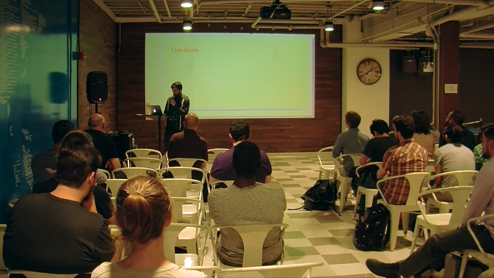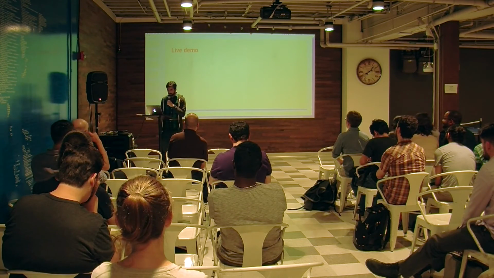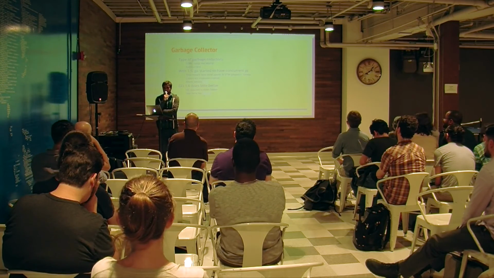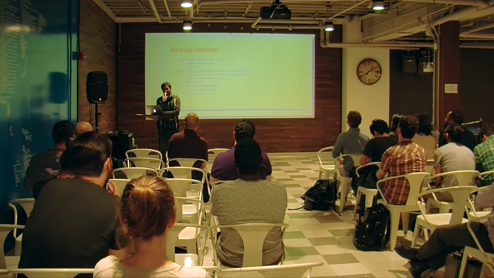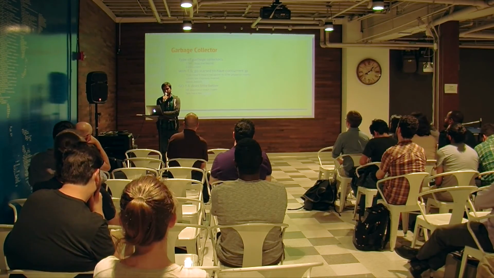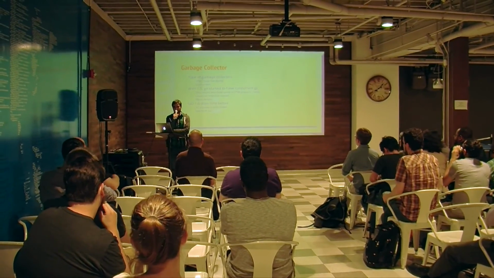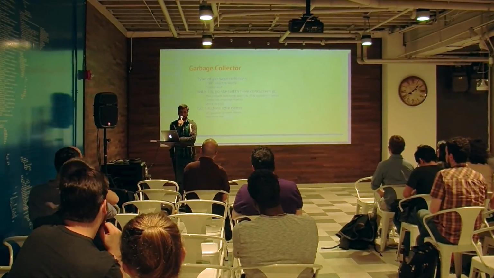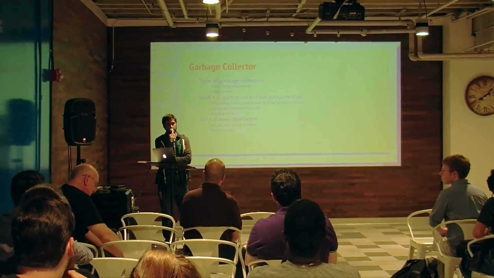I have some more slides to cover. Let's see how we're doing on time. When you talk about GC, two things come to mind. When do you do garbage collection? And when you do garbage collection, is it going to stop the process? In other words, it's also called stop the world.